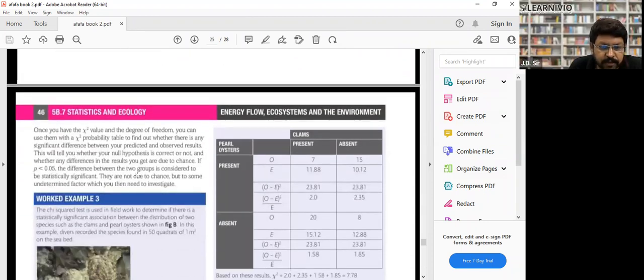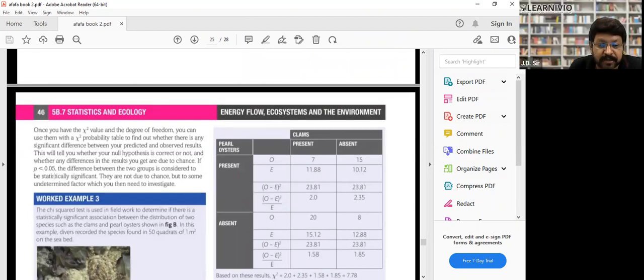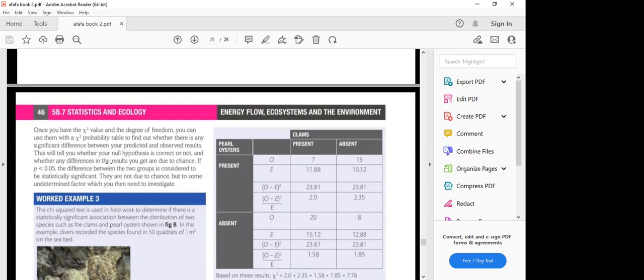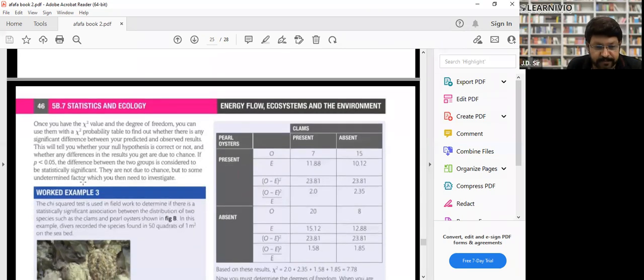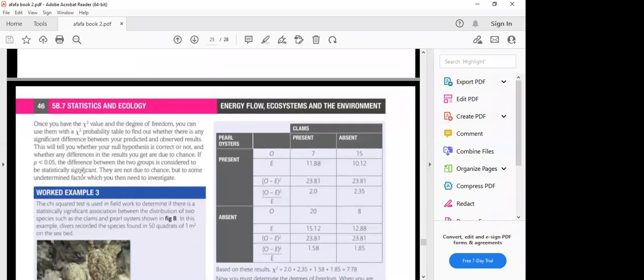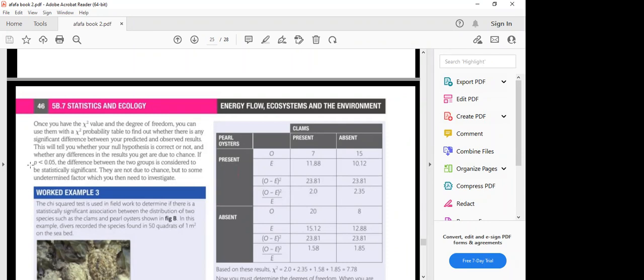When it is less than 0.05, the difference between the two groups is considered to be statistically significant, but this is more than. Then the difference between the two groups is statistically insignificant, right? Insignificant, because it should be the value of p, probability, that should be less than 0.05.